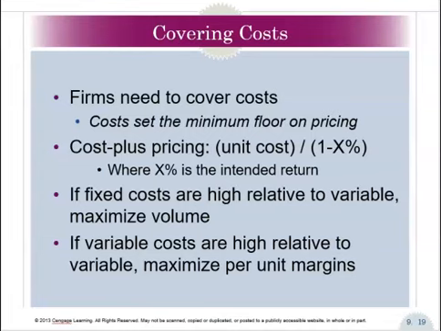Not surprisingly, pricing as it relates to either of those instances varies at any given point in time for any particular usage, like a night's stay at a hotel or a particular flight. So they're always trying to maximize the volume. If variable costs are high relative to fixed, we want to maximize the per unit margins. That looks considerably different when we take a look at it that way.